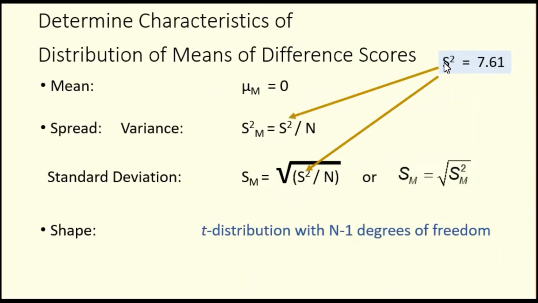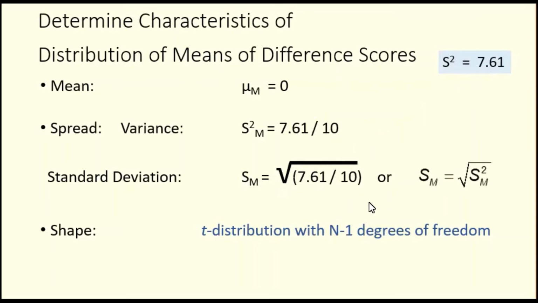We need the standard deviation of the distribution of means of difference scores. So I can plug in that S squared, 7.61 here, divide by 10, which is n, how many difference scores or how many participants I have, and get that square root. And so if I do this here, have our variance first as well. If I do this, I get 0.76, get the square root, and we get 0.87.